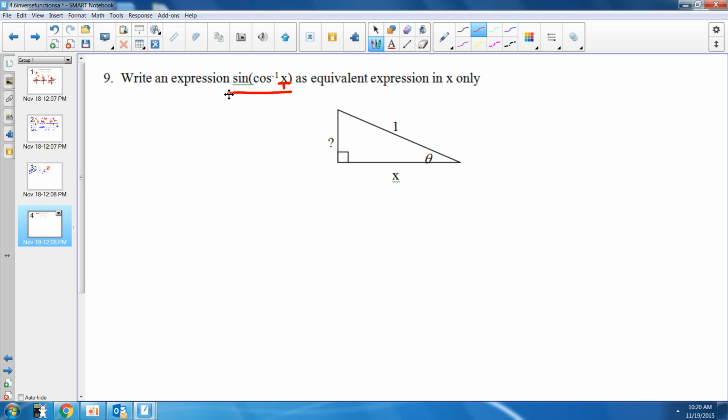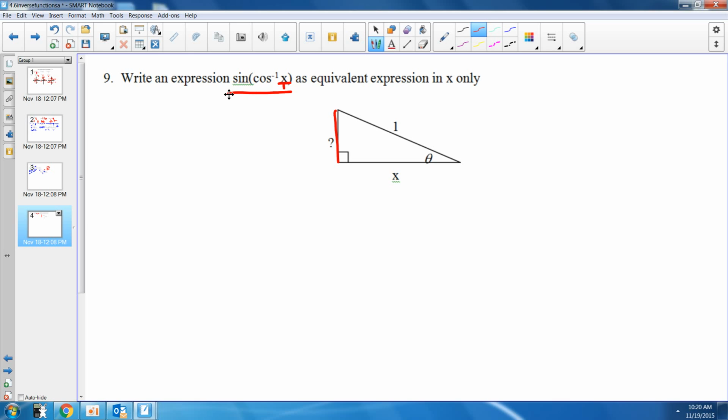X over 1 is where you draw the triangle again. You put in your theta, and adjacent over hypotenuse is x over 1. The only missing piece is this length. You're just going to use the Pythagorean theorem to find that missing length. You don't know what to label that, but that's what I want to solve for.